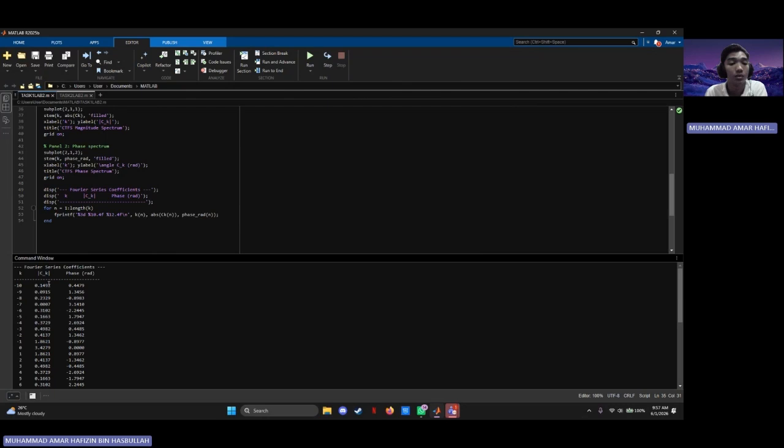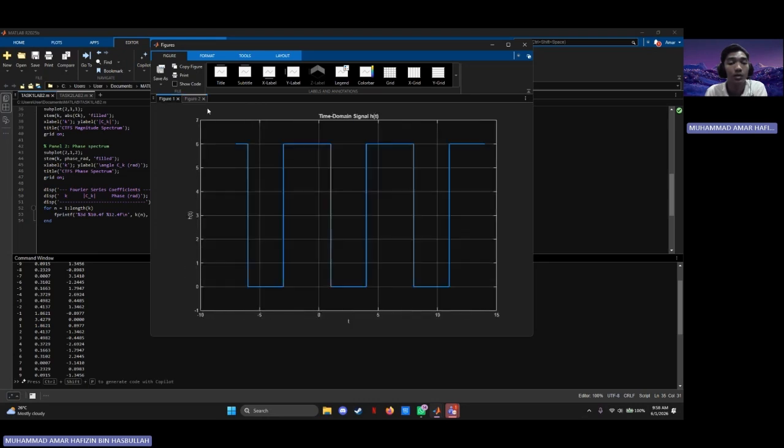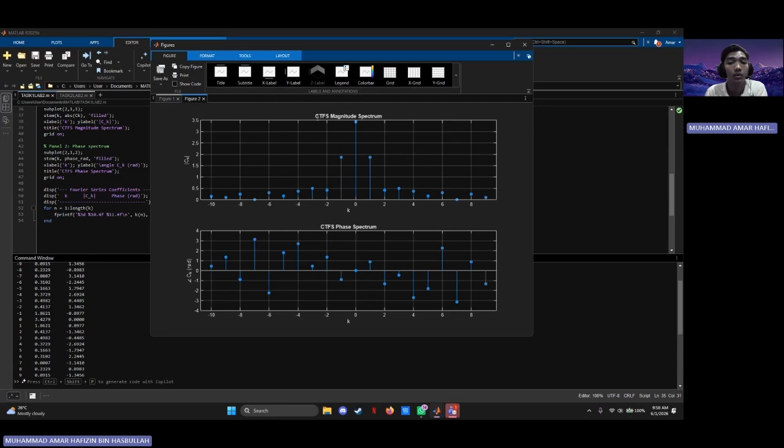This is the command window for line 52. Let me show the graph again. Figure 1 is the time domain ht, and figure 2 is the CTFS magnitude spectrum and CTFS phase spectrum. That is all from MATLAB, and thank you for listening.